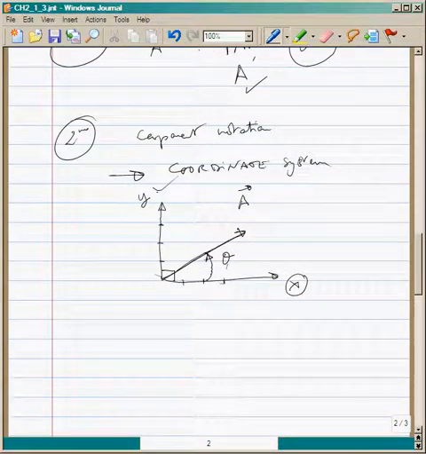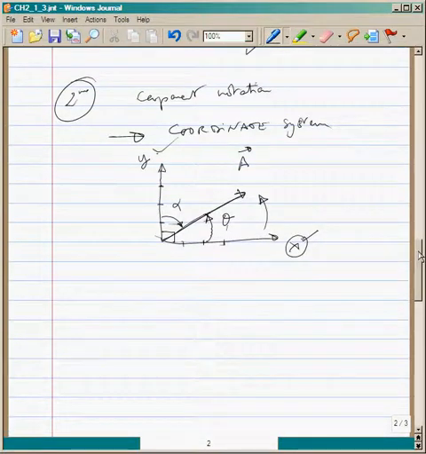Again, you don't have to respect that convention. If you don't like to do this, you can always measure, say, alpha from y going clockwise. But if you do this, you want to make sure that you specify it before you start the problem. If you don't specify it, I would assume that you will always measure the angle from the positive x-axis going counterclockwise.